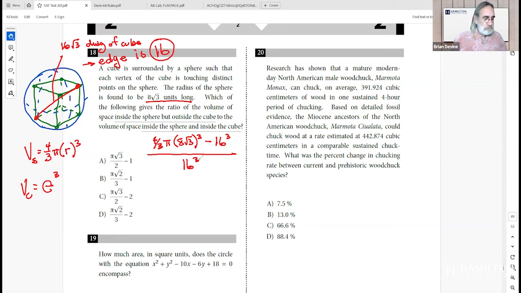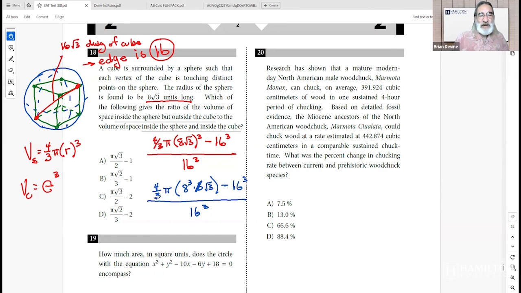Now, after we go through a little bit of work, well, we can cube the 8 root 3, and let's do that first. So I'm going to have 4/3 times pi times 8 cubed times 3 root 3, and that's going to be minus the 16 cubed. And that's all going to be over 16 cubed.